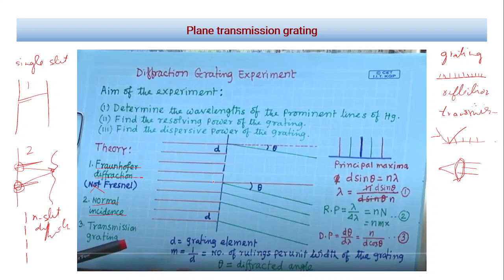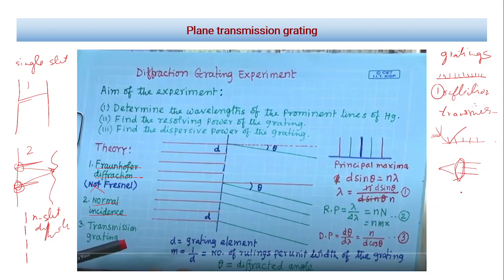So that's why we are using this condition. The third condition is that we have two types of gratings. One is the reflection grating, in which the incident light hits and reflects back, and we get the pattern on the same side of the grating.